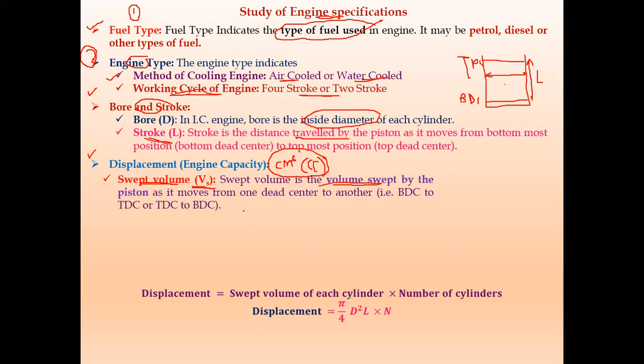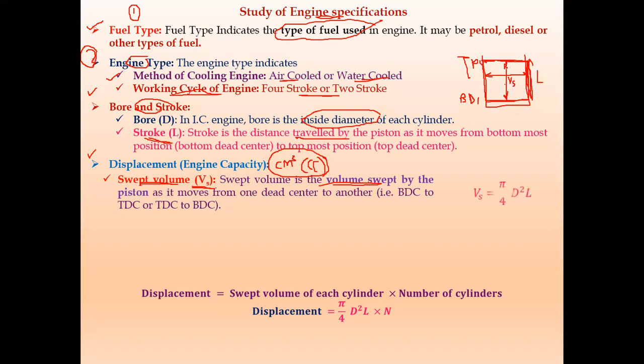When the piston is moving from BDC to TDC or from TDC to BDC, the volume swept by that piston along this length and diameter is called the swept volume.